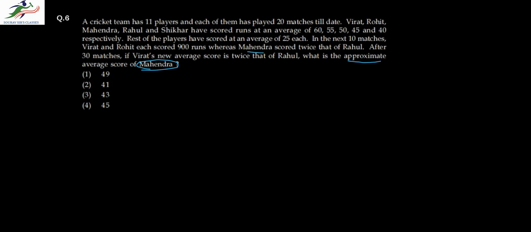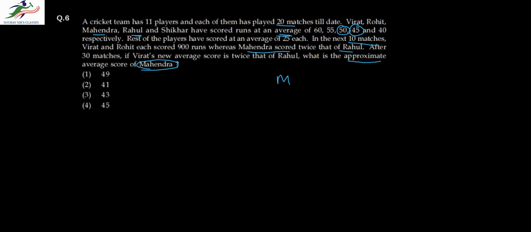It is told that Mahendra scored twice that of Rahul in the next 10 matches. In the first 20 matches, Mahendra had scored a total average of 50, and Rahul had scored at an average of 45. Okay, so let's start with that.